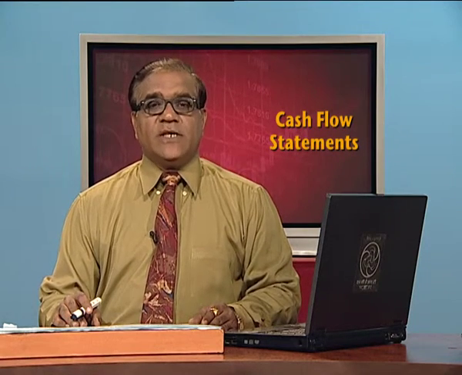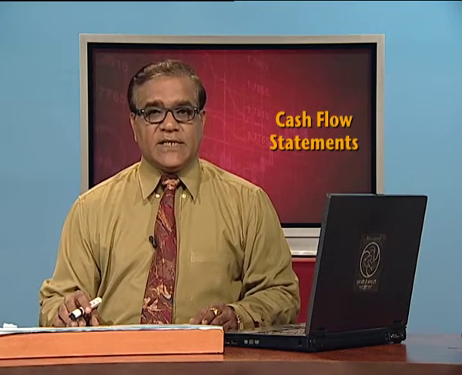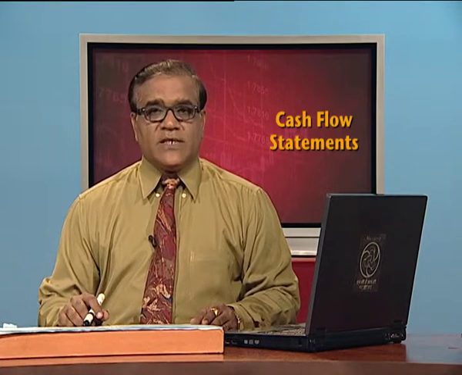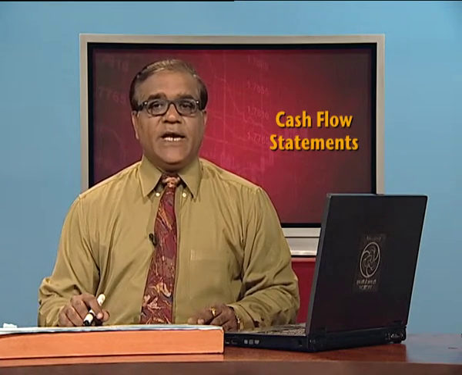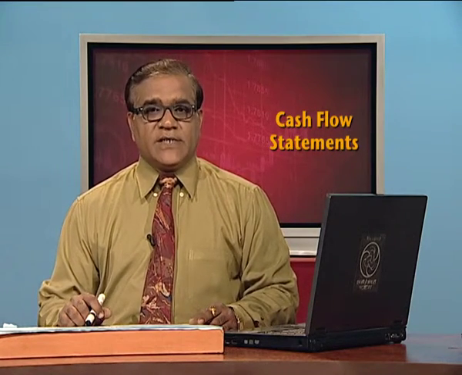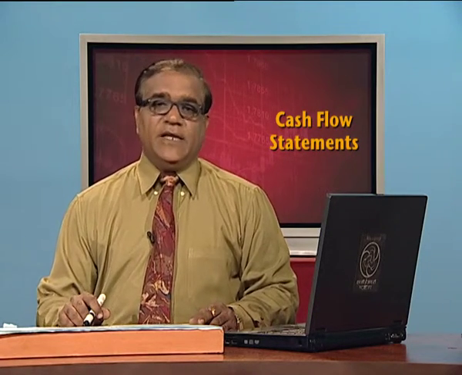Similarly, whatever amount you have received by selling this asset will be taken on the credit side of fixed assets sold account, that is by cash, and it will be added in investing activity. And if there is a loss, it will be on the credit side by P&L account, loss added in operating activity, and if there is a profit, it will be shown on the debit side to P&L account, and that will be deducted from operating activity.